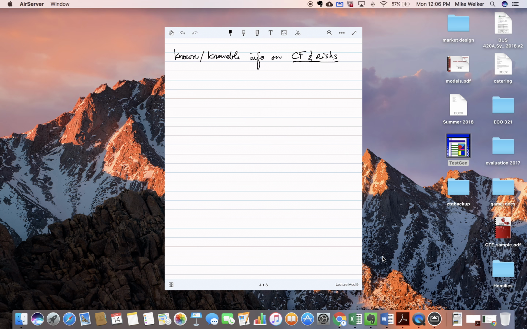If all of it is known and knowable, then the pricing of the security would be efficient. The capital markets would be efficient.